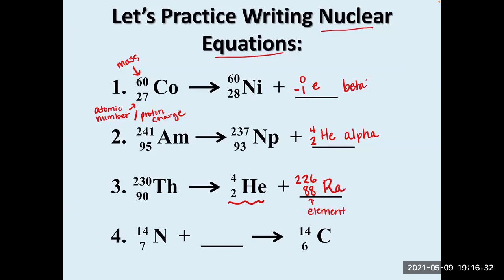All right, next one. Now, go back to number 3. This is our alpha particle because of this guy. All right, so the next one is going to be a reactant, but it can still be a particle. We can have something be part of a reaction that then causes something else to form. So here I have a mass of 14 on the reactant side and a mass of 14 on the product side.